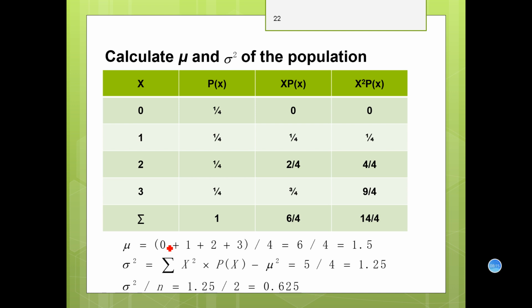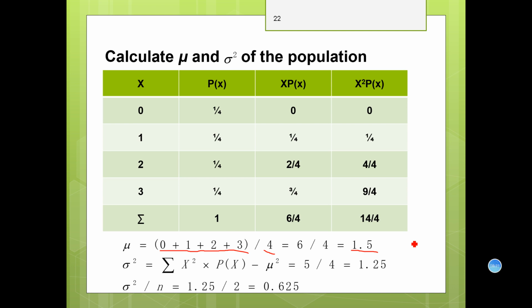We will find that x bar is symmetric about mu, the population mean, and the population mean equals 0 plus 1 plus 2 plus 3 divided by 4, so mu is 1.5. We have already proved this one.